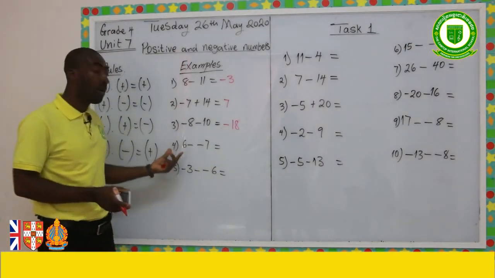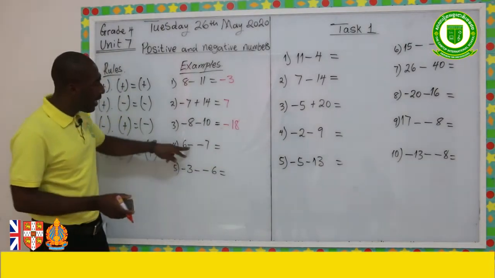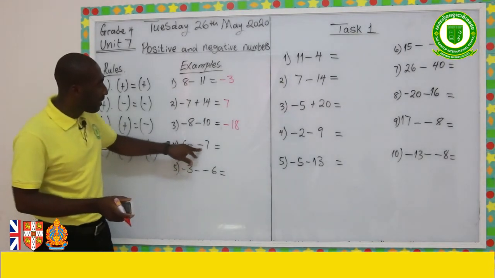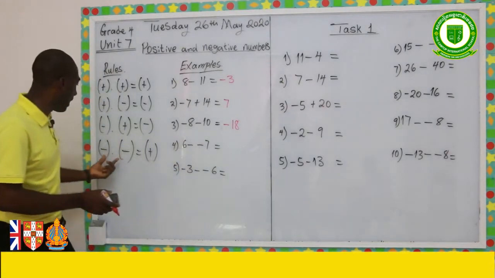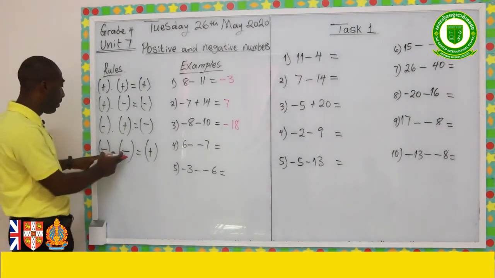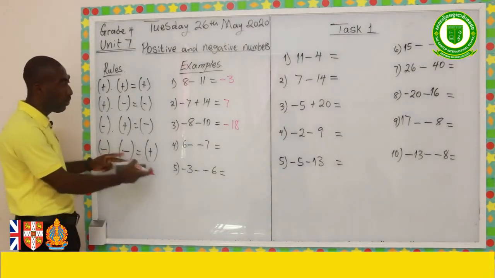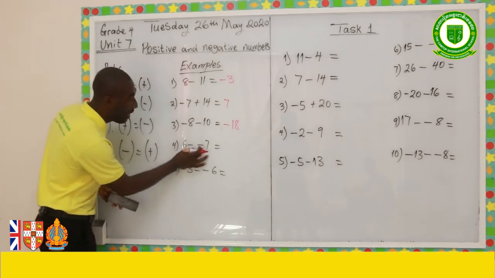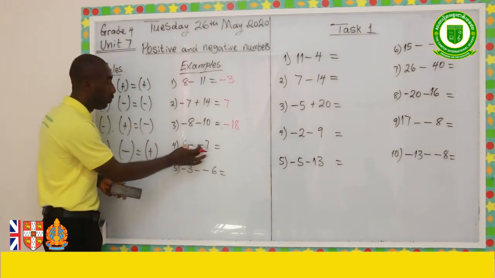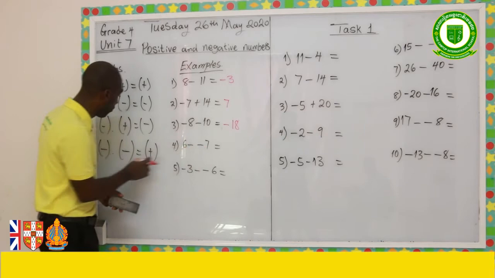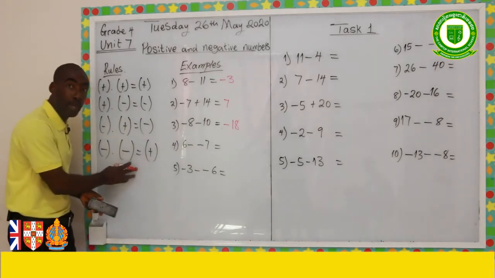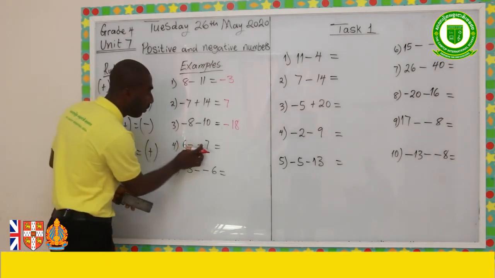Okay, now 4. Now the two negative signs are coming together. If you look at our rule, they are coming together at the same section, at the same point. So the rule here will apply and change this to become positive.